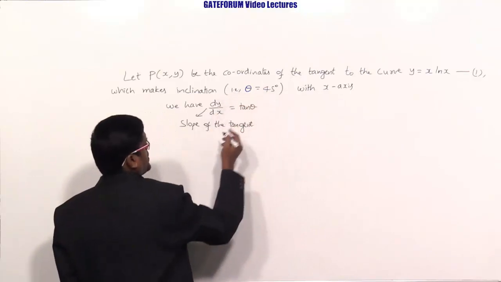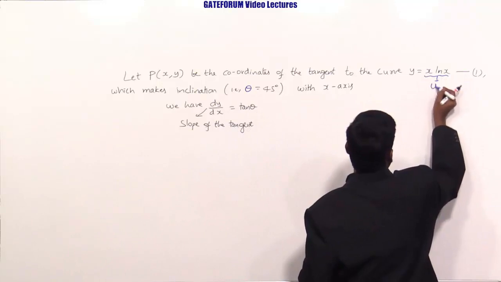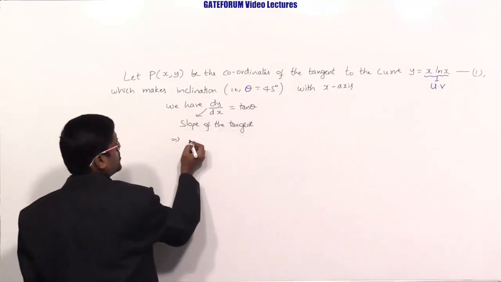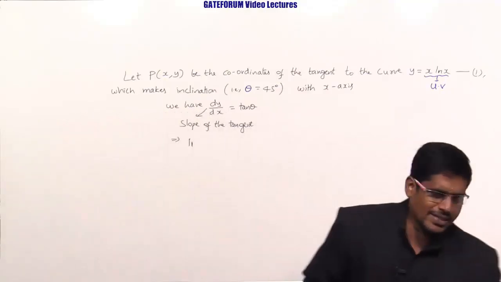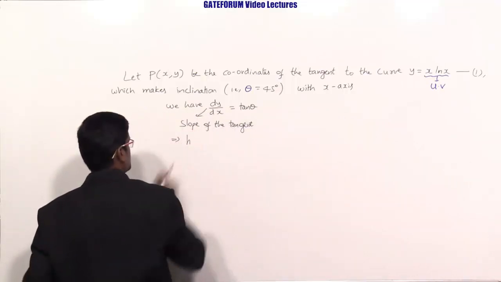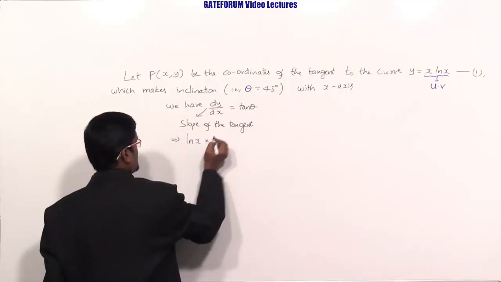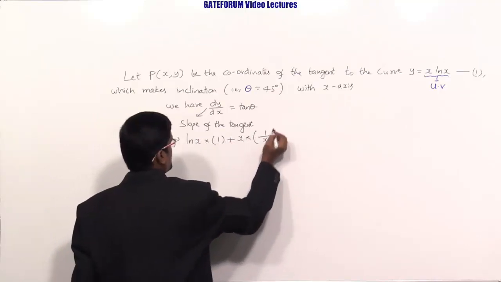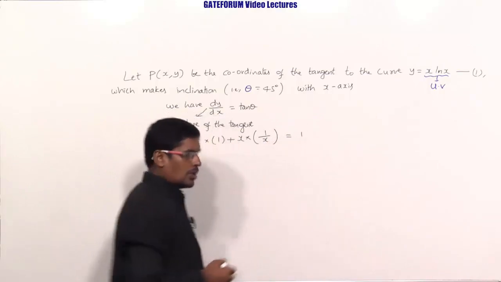Now dy by dx, how do you find? It looks like the right side is a product of two x terms, which is the UV rule, product rule. So log x, natural logarithm x, into x derivative, which is 1, plus x into log x derivative with respect to x, 1 by x, is equal to tan theta, that is tan 45, which is 1.